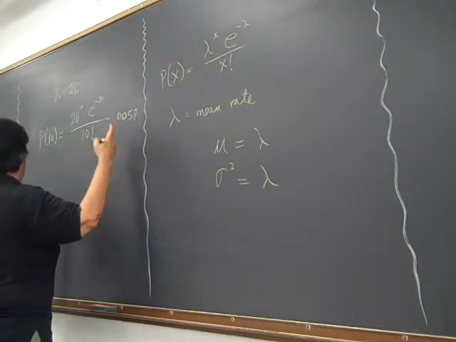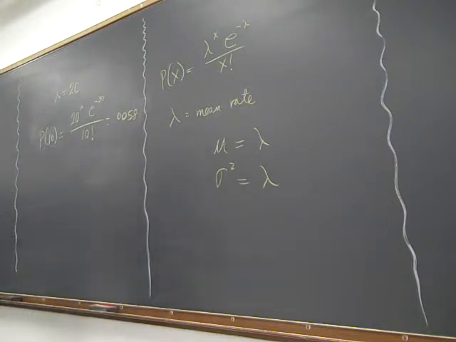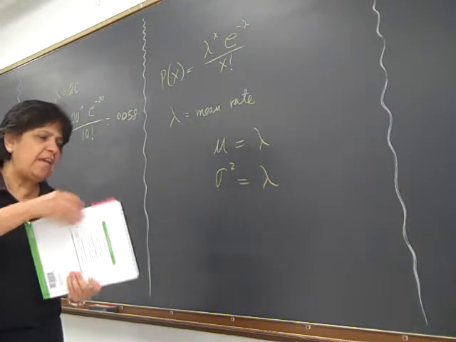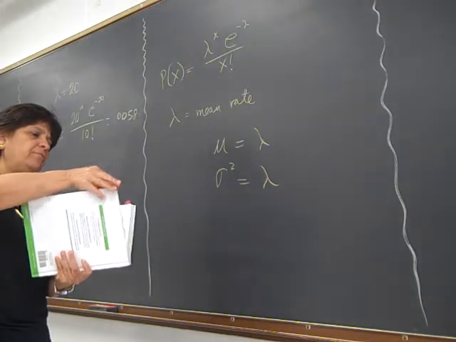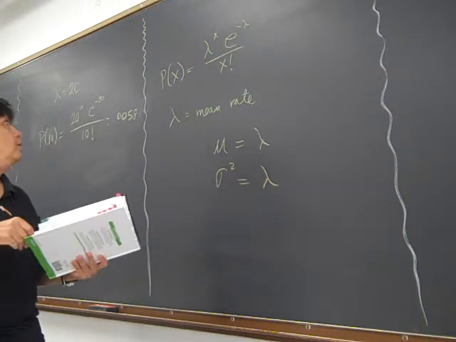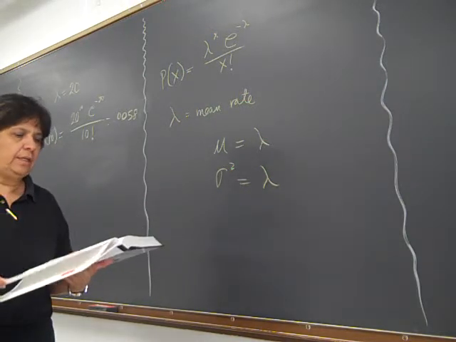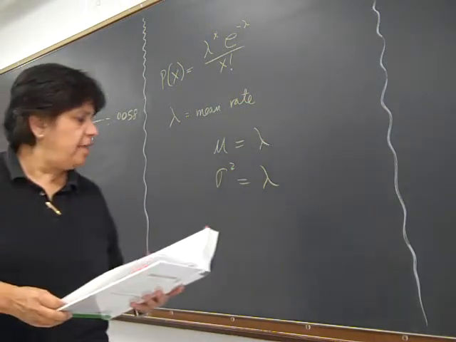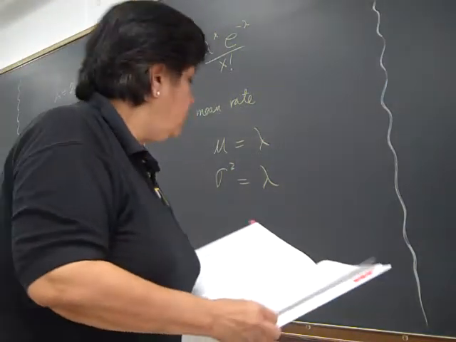That is 5.8 times 10 to the power of minus 3. That's how you can do it. And as in the binomial distribution, we have tables. The tables are in your book, and the table starts on page 852.